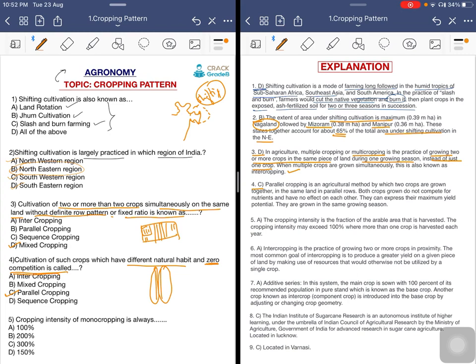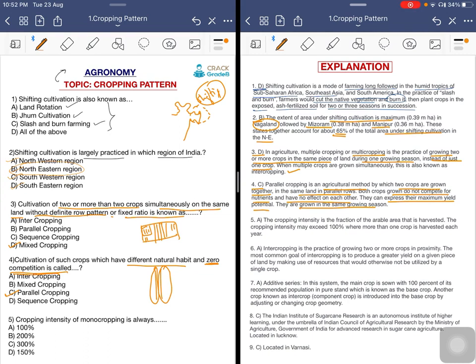Parallel cropping is an agricultural method by which two crops are grown together in the same land in parallel rows. Both crops do not compete for nutrients and have no effect on each other. They can express their maximum yield potential. They are sown in the same growing season.